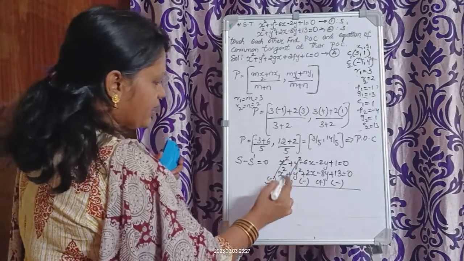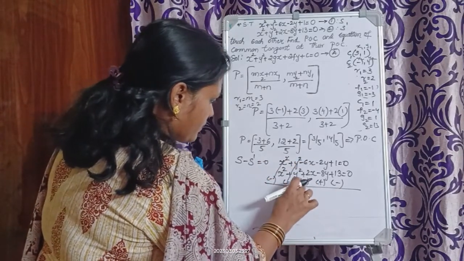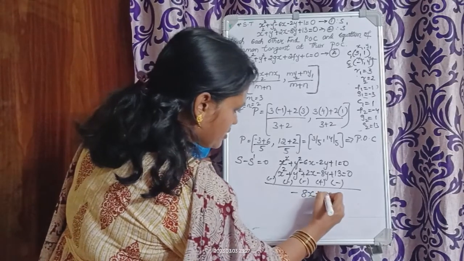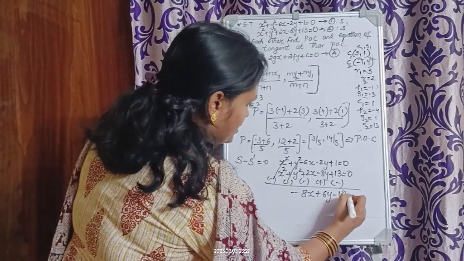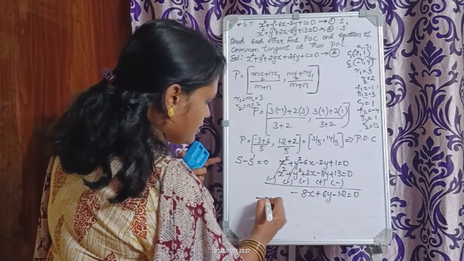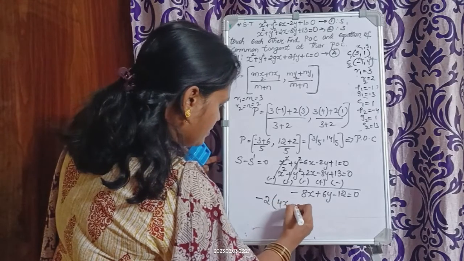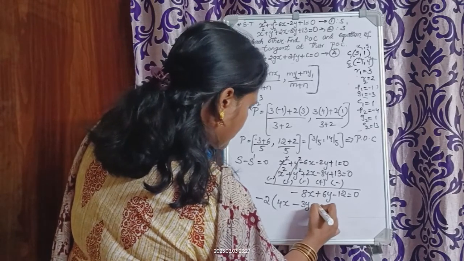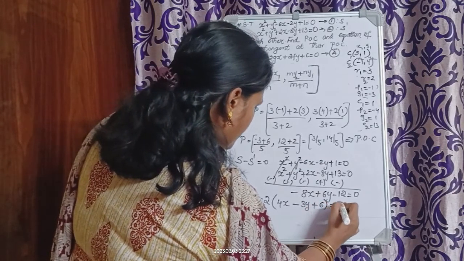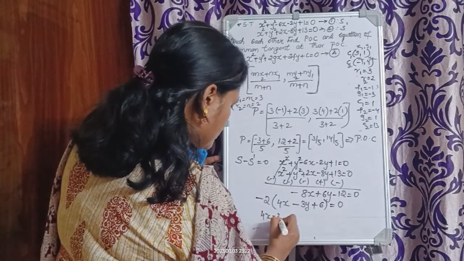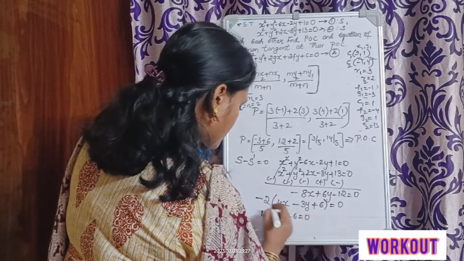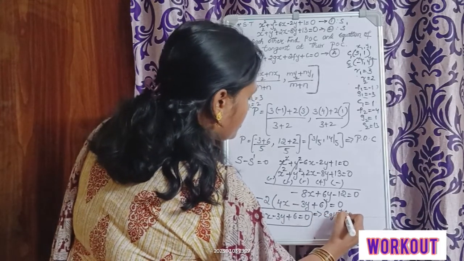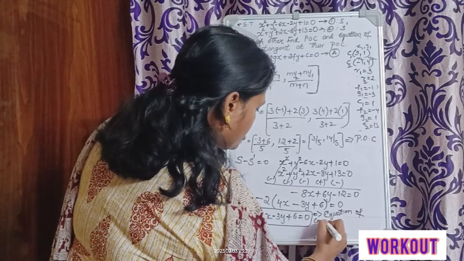x square cancels, y square cancels, so minus minus is plus 8x, and then plus 8 minus 2 it is 6y, minus 12 is equal to 0, or you take minus 2 common factor, you will get 4x minus 3y plus 6 is equal to 0, is the equation of common tangent.